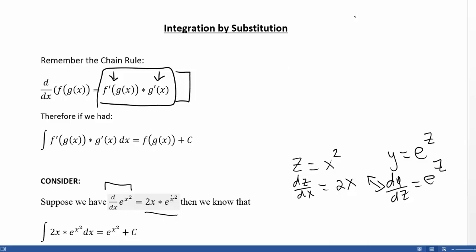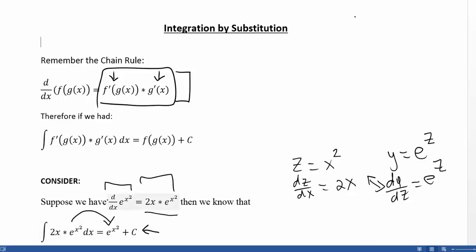In general, if we have an e function, we get the same thing back, and we multiply by the derivative of the power. So the idea here is that if we now integrate 2x e to the x squared, we need to get back to e to the x squared plus c. That's our goal. We just need to figure out how to go backwards from here to here.